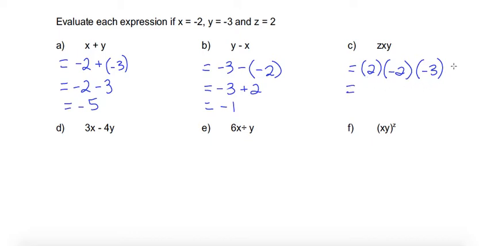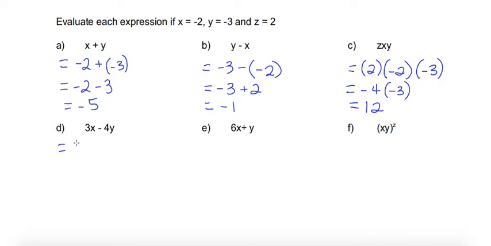I can do this in one full sweep if I want to, or I can break it up. So 2 times negative 2 is negative 4, and negative 4 times negative 3 is positive 12. So if you need to show your steps, you can. If you wanted to do this all in your calculator to give you the final answer of 12, that's fine as well.